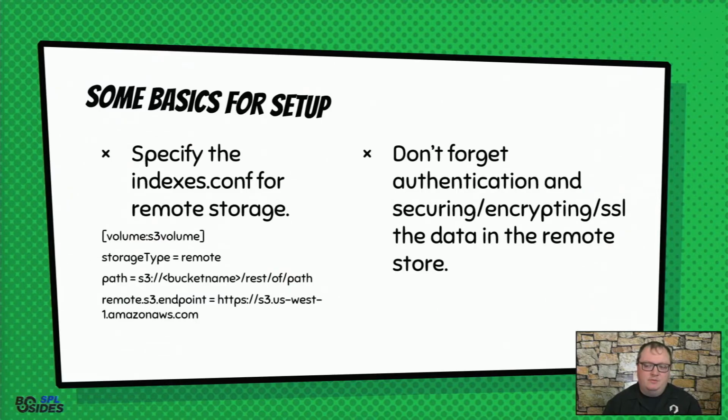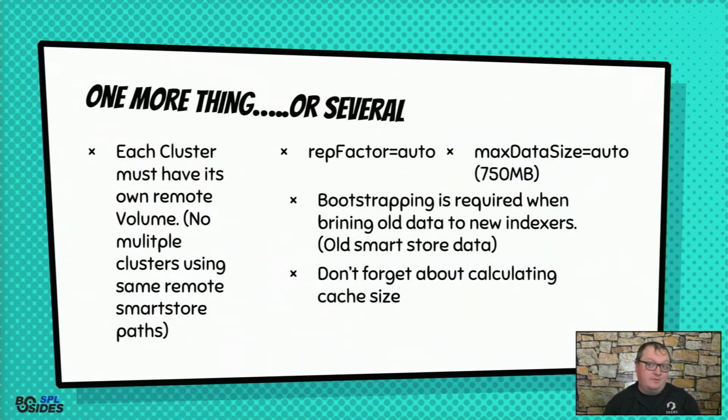So moving on, there are a few other things to talk about with SmartStore. One caveat is that if you have multiple clusters, each cluster really needs its own SmartStore. You can do some shenanigans with different paths, but it's recommended that each cluster be separate with its own SmartStore storage, especially if they have the same indexes across different clusters.